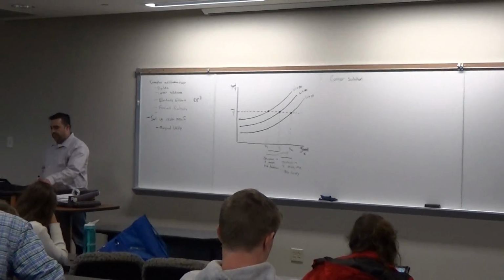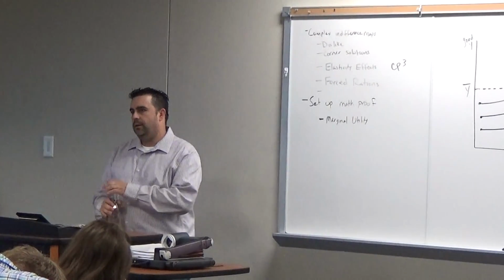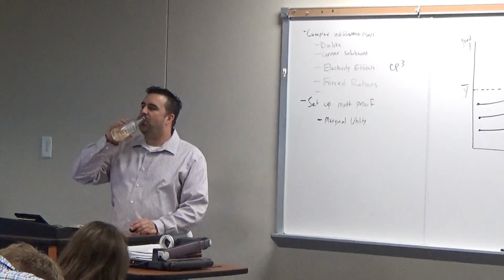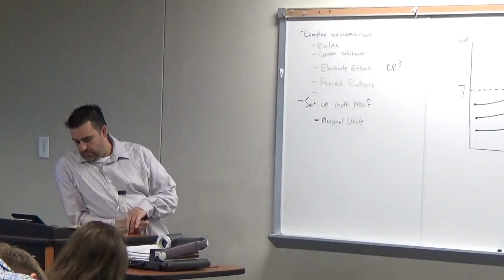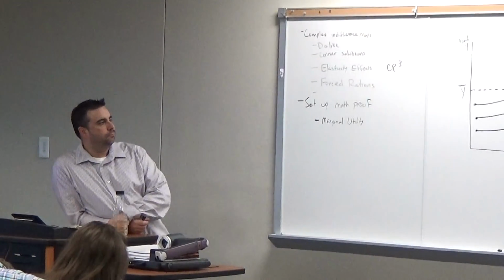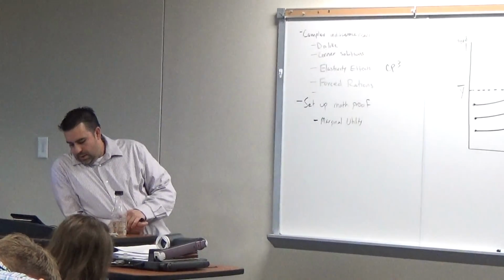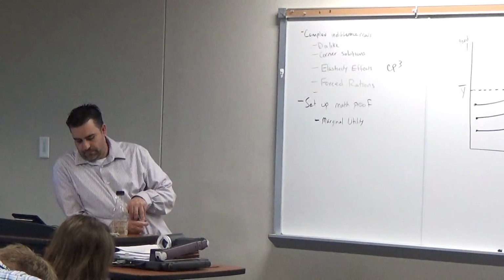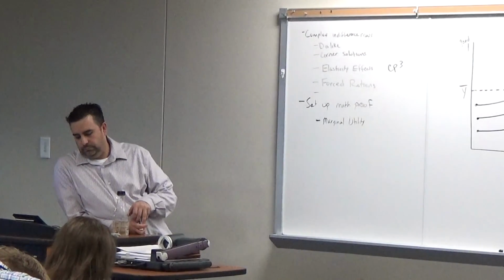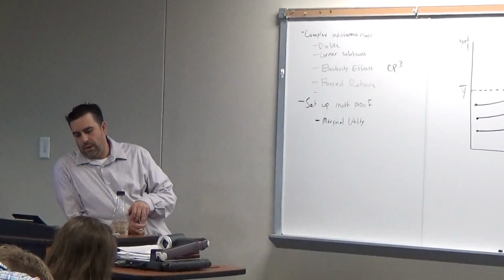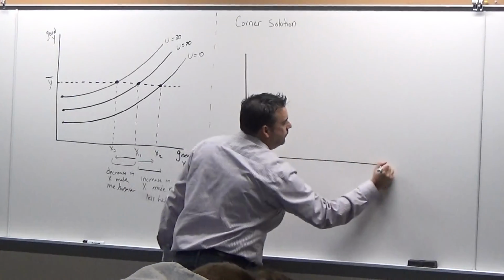A corner solution occurs when the utility maximizing optimization point has a tangency located at the corner of the budget constraint and thus the consumer purchases only one good.